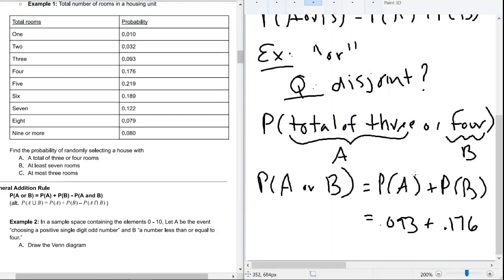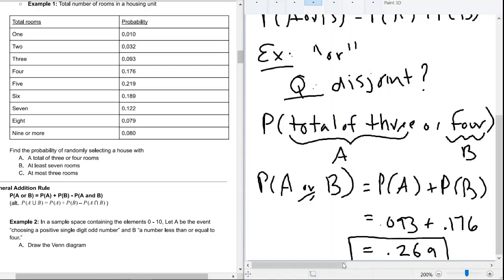So we have 0.093 plus 0.176. Here we'll take the calculator and add these together. We should get about 0.269 or so. But that's how we can use this keyword or in order to find the probability of 2 events joined by the word or.